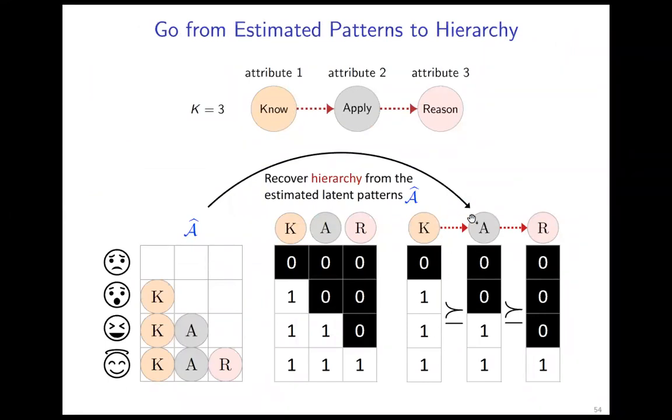We did not directly focus on these edges, but I think it would be an interesting future direction to consider whether we can directly estimate the hierarchy graph without imposing that all the 2 to the power of K combinations are possible to exist.